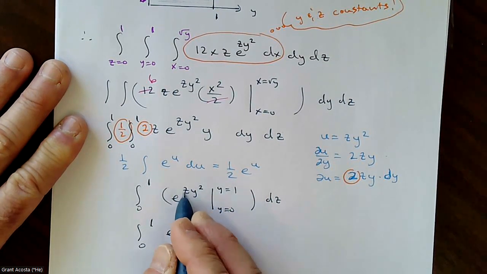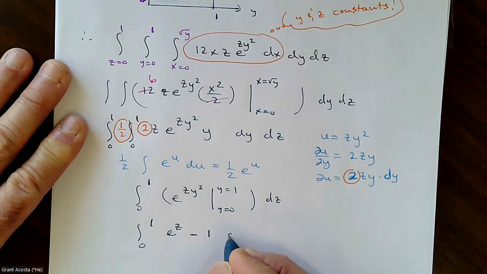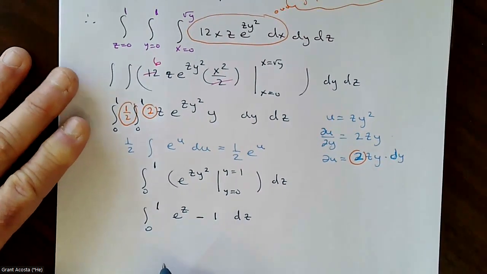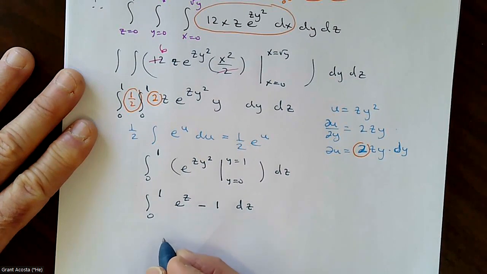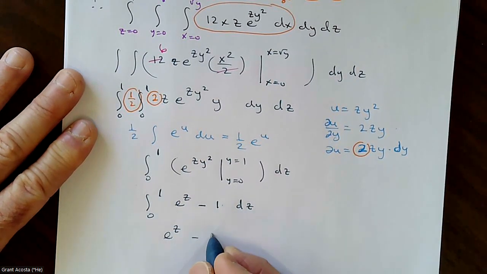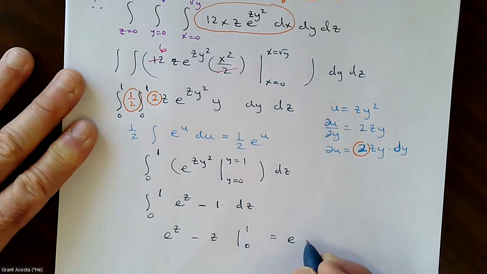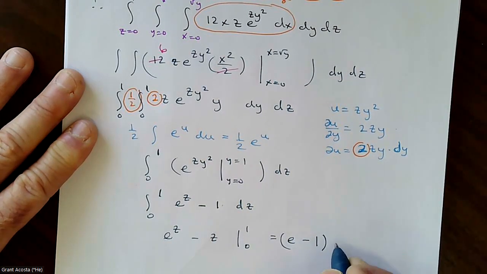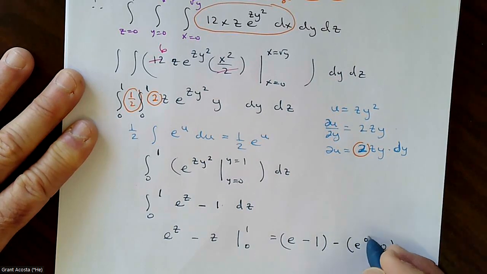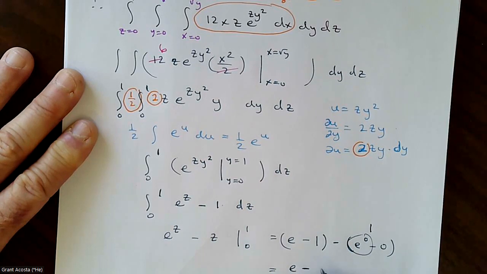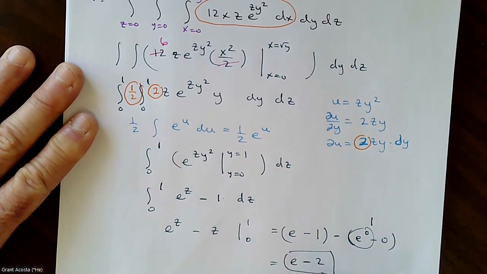If y is 0, this is e to the 0, which is just 1. And we're almost there. Antiderivative of e to the z is e to the z minus z, from 1 to 0 gives me e minus 1 minus e to the 0 minus 0. E to the 0 is 1. So e minus 1 minus 1 looks like my final answer is e minus 2.